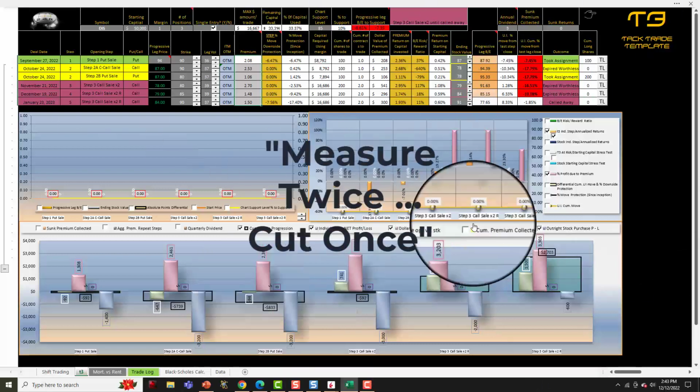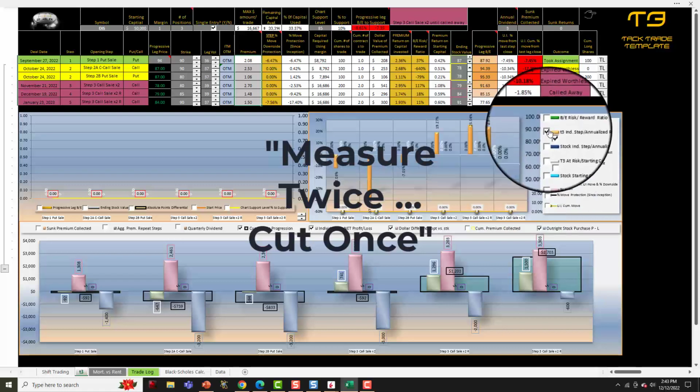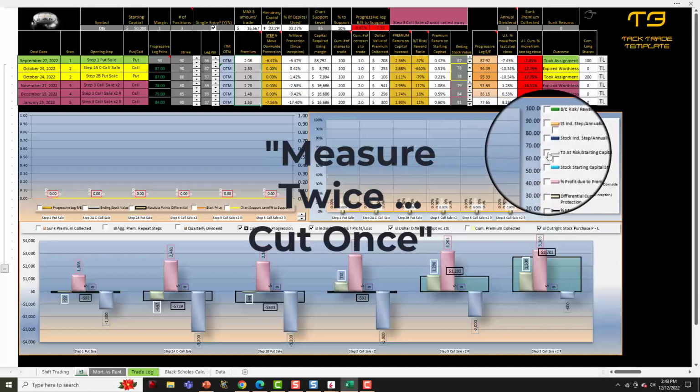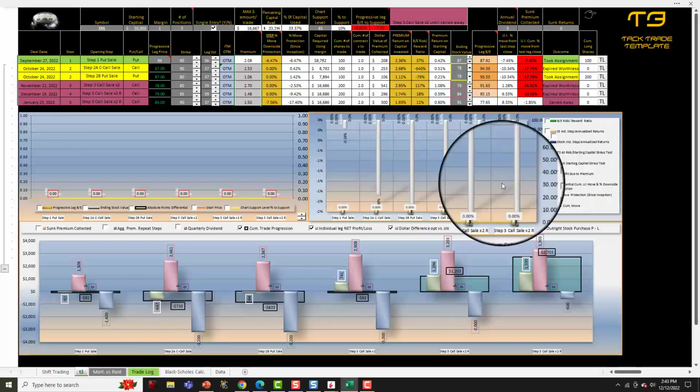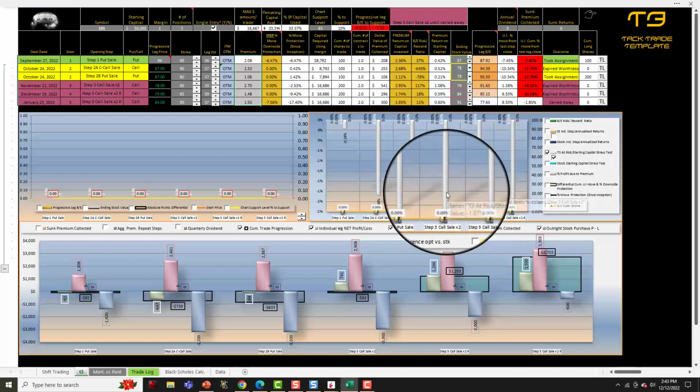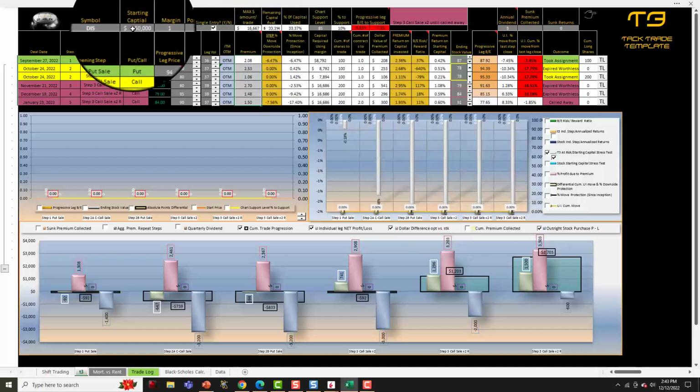And there's a couple of other great metrics, and I'm just going to highlight those right now. Let's take a look at what our risk on our starting capital using the T3 strategy was. And let me just highlight that. We were down never more than 1.67% of our starting capital, which would be the $50,000.